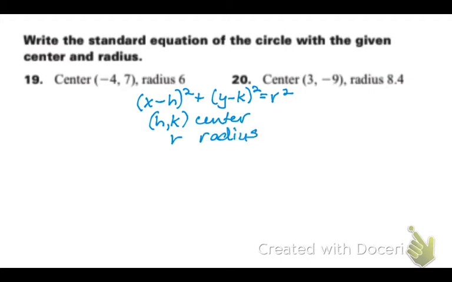So if my center is, okay, so my center is minus 4, so my equation is going to switch it and make it plus 4. And my y coordinate is just 7, so it stays negative. My radius is 6. I'm going to square it, equals 36.